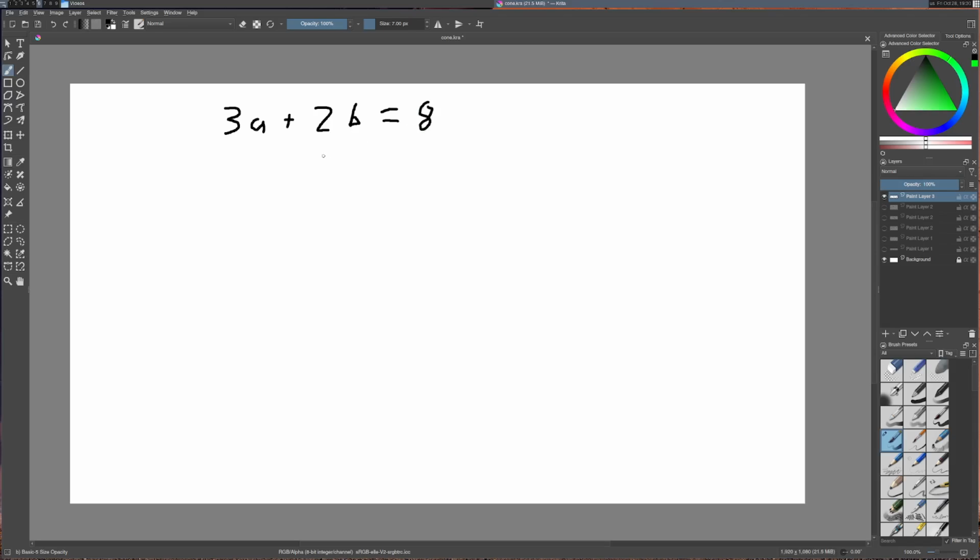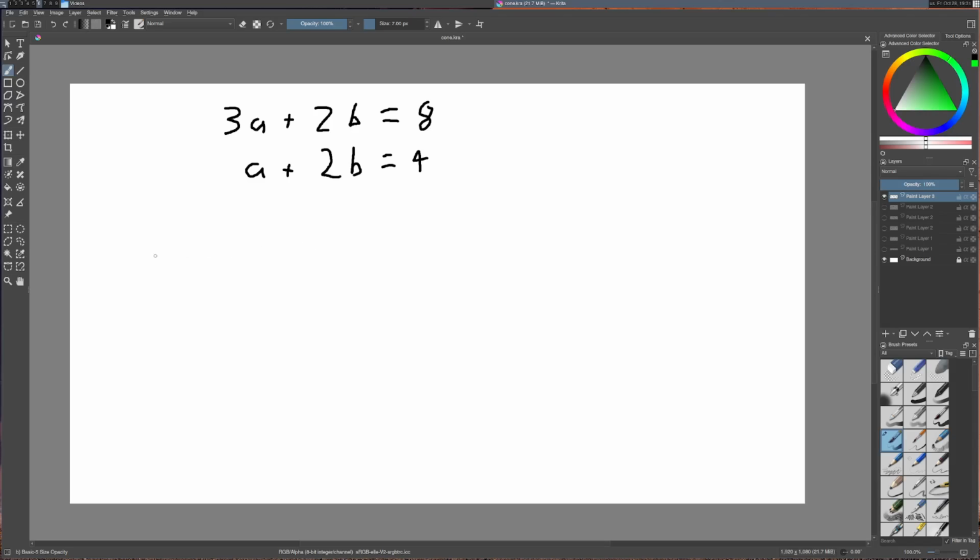Well then a and b could be anything so long as they add up to 8. But if we also have a and we add 2b, and let's say we get 4, yeah, I think that works out. Now we can have an exact evaluation of what a and b are.